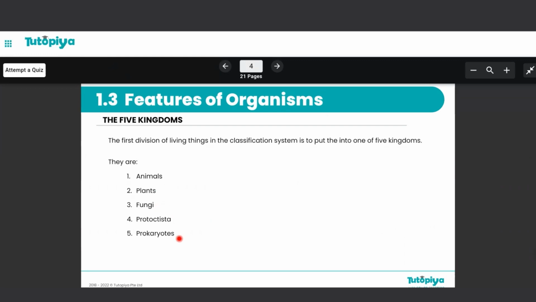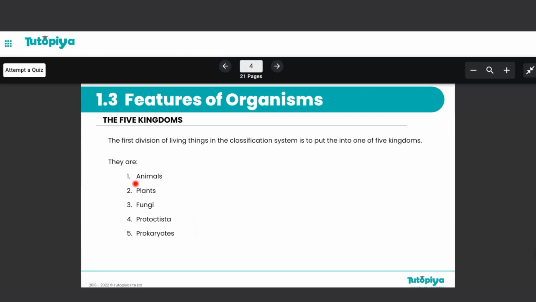So when grouping organisms, our first task is to group them and classify them into one of these five kingdoms. In this video, we're going to be taking a look in detail at all of these five kingdoms. Let's first start with our first kingdom, the animal kingdom.